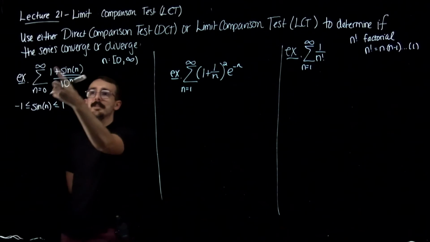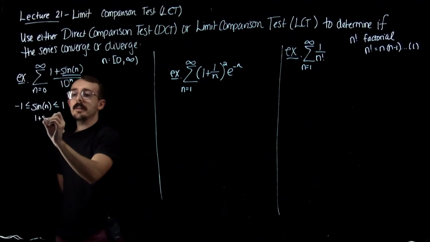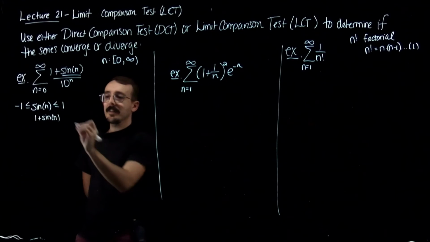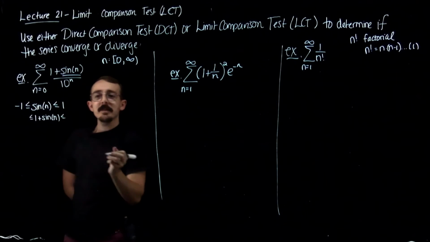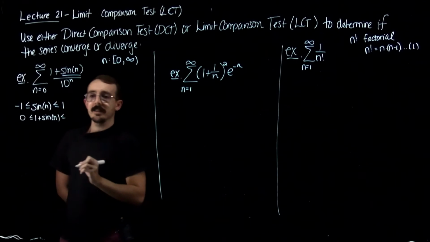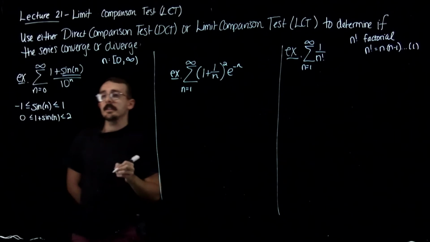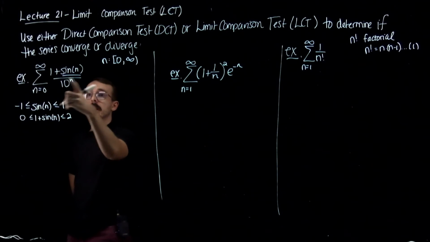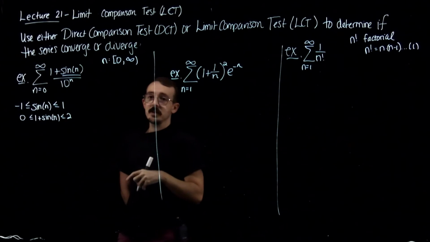So what that means is this numerator, if you add 1 to just the center here, what is it between now? Well, the left side gets increased to 0, and the right side gets increased to 2. So I know that the numerator is always less than or equal to 2.